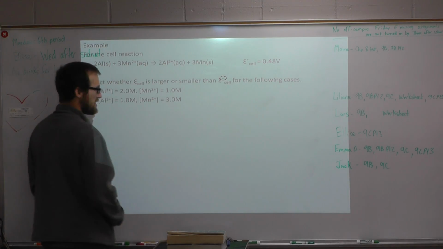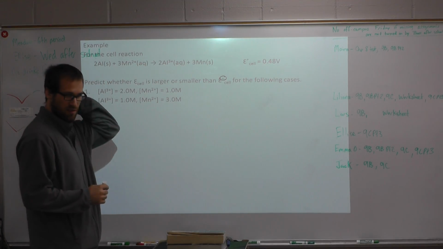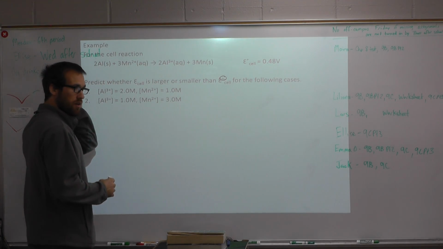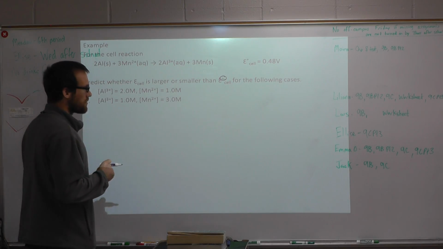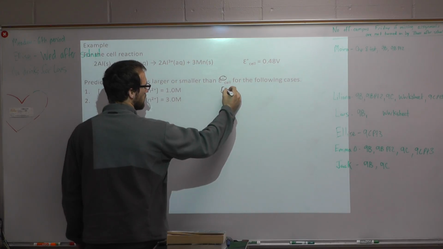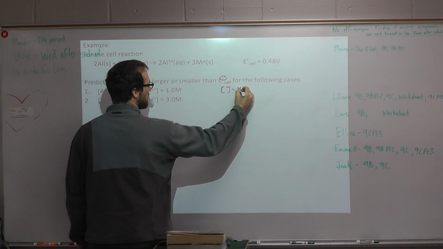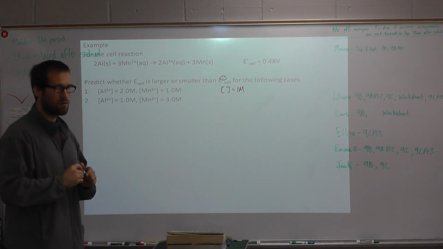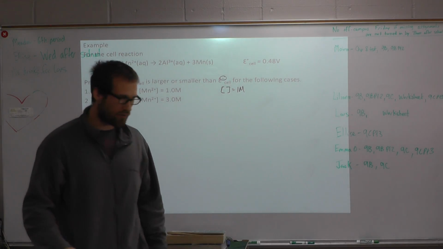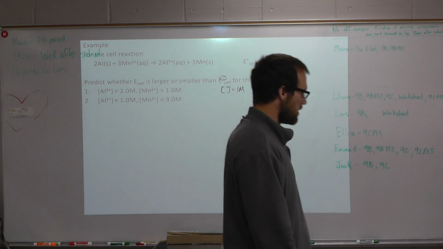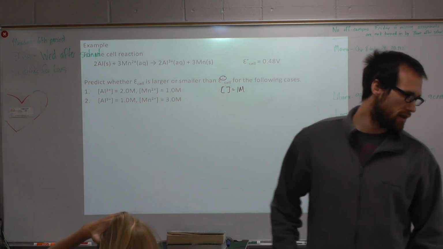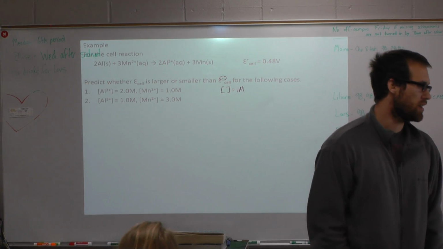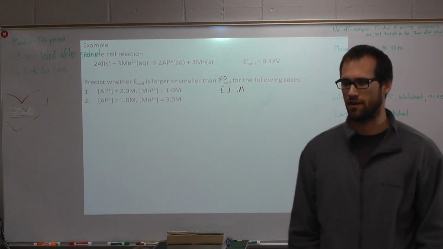Standard conditions, and standard conditions for this particular situation is everything is 1 molar concentration. So based on that information, I want you guys to predict if it will shift left, if it will shift right, and then if the cell potential will increase or decrease.